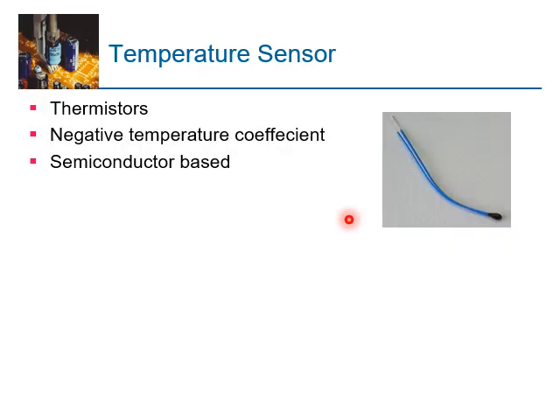Now you have the thermistor also, which is a semiconductor-based sensor. Here, when your temperature increases, it gives lower resistance. The reason is that in a semiconductor, the current flow is different than in a metallic conductor. In a metallic conductor, current flows easily, but in a semiconductor you have an energy band gap, so you have to apply heat, which helps to overcome this band gap and allows electrons to flow from one energy band to another.